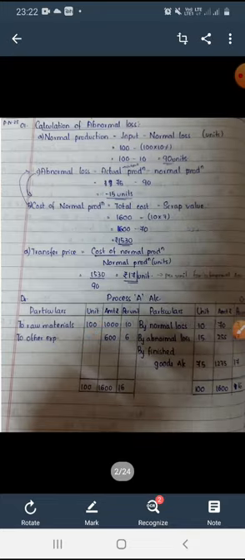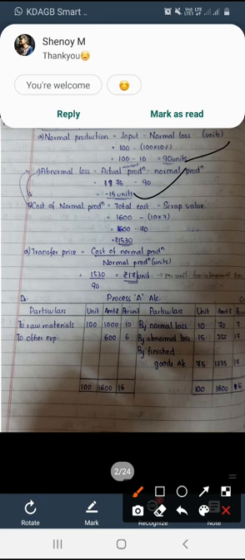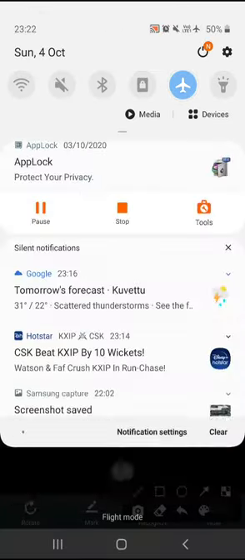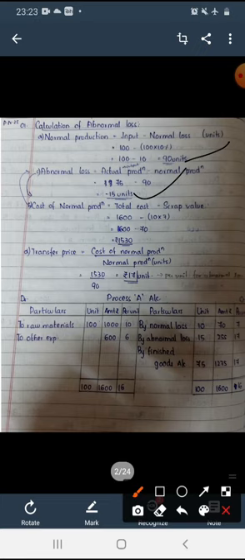The actual output of process A is 75 units, and the normal production we just calculated is 90 units. The actual 75 produced is less than the normal 90, so it is a negative value, which means it is the abnormal loss.